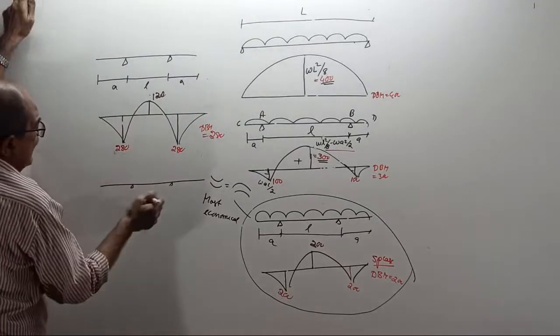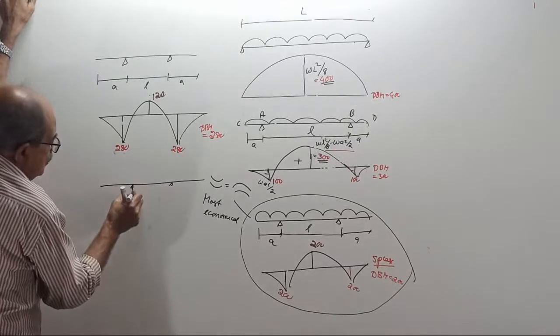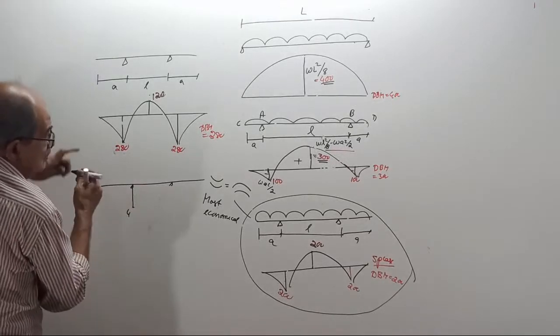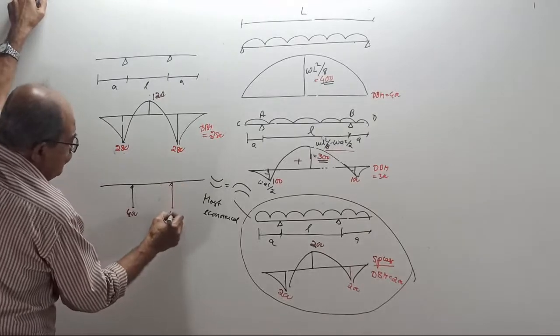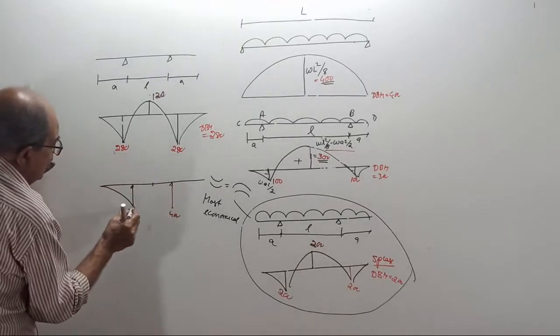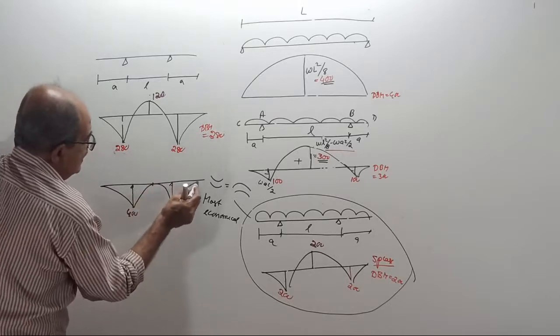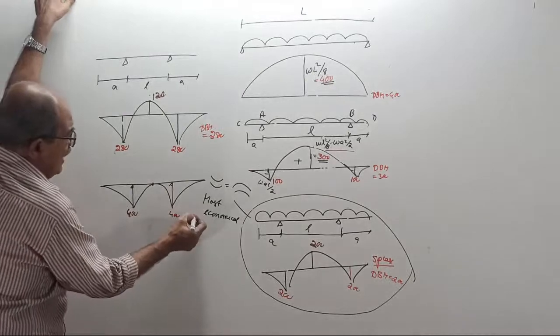See, remember now, next, a stage will come for one particular value. This will become 400, this will become 400, this also will become 400, and this will become 0. This we all discussed. That is a special case. Now design BM is 400.